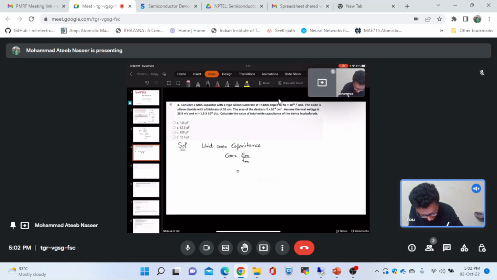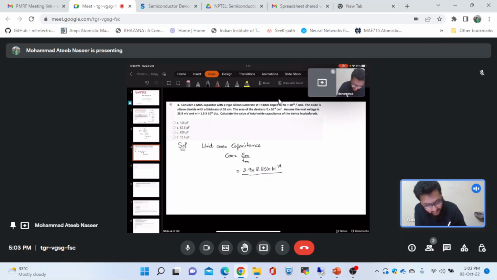Now I will simply put in the values of epsilon ox. The epsilon r, the relative permittivity, is 3.9, and epsilon for the material is 8.85 into 10 raised power minus 14. So for this oxide, which is SiO2, I have multiplied with the relative dielectric constant.